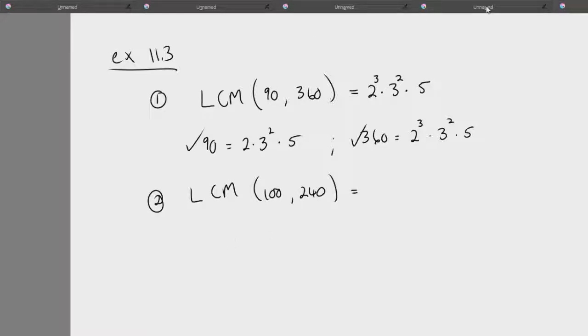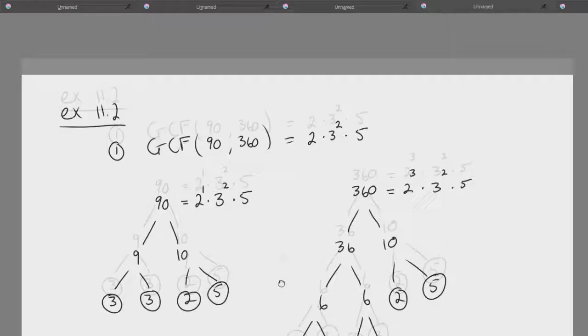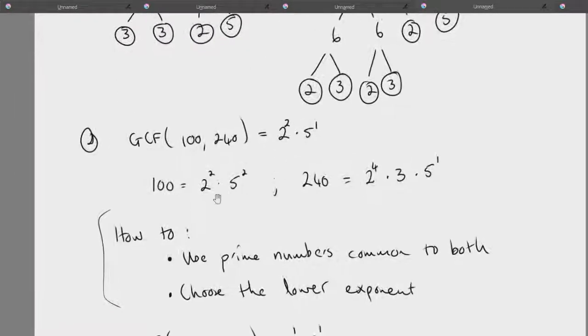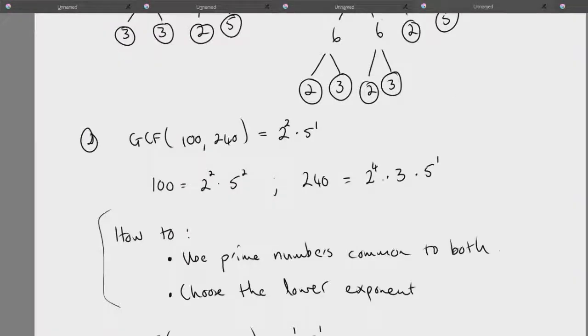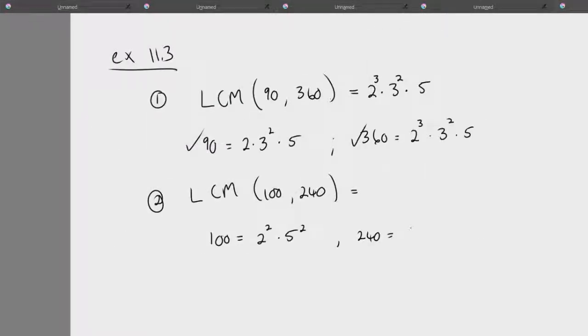Again, I will use the fact that we already know these. 100 is 2 squared, 5 squared. And 240 is 2 to the 4, 3, 5.